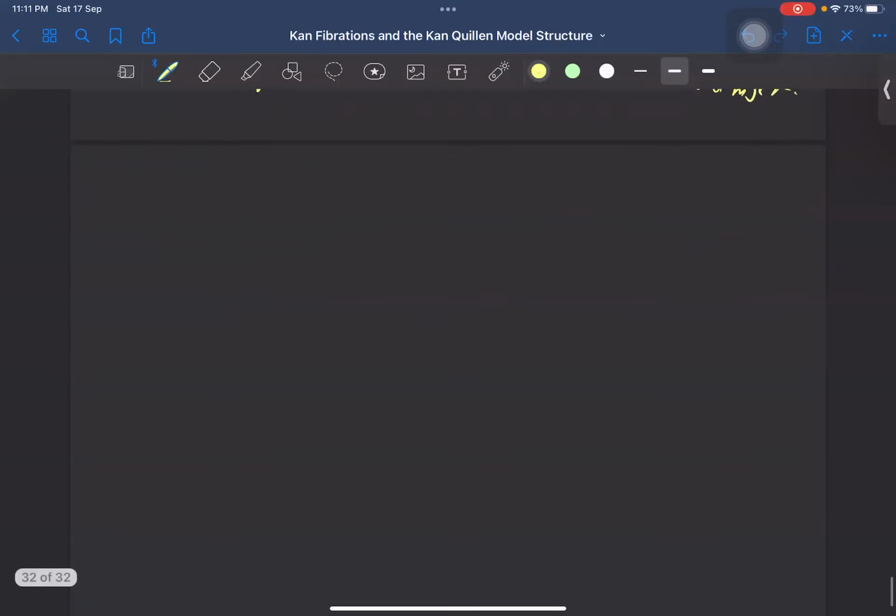So now we can see the way we see that there exists a model structure. So there's some motivation to it. All the things that we did just before, we can interpret as follows. Here's an interpretation. This is the way I see it.